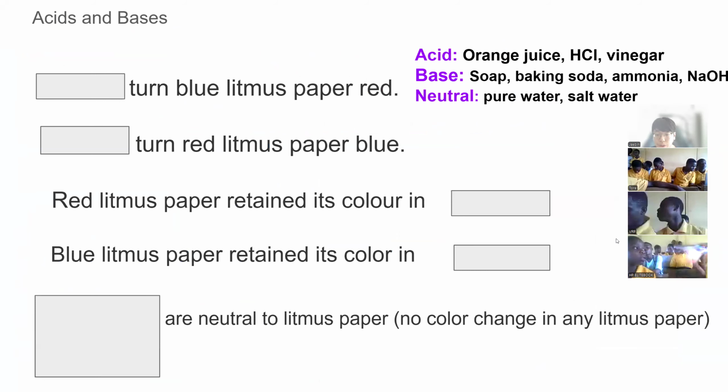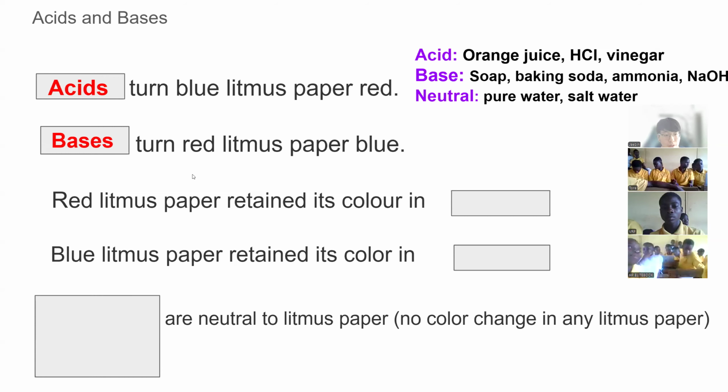Finally, the last thing we covered last time was acids and bases. So, what turns blue litmus paper red are the acids. Always remember, acids turn litmus papers red. On the other hand, bases turn red litmus paper blue.